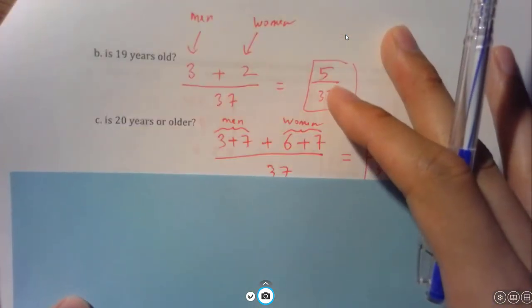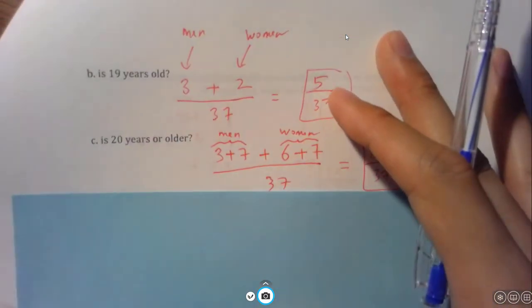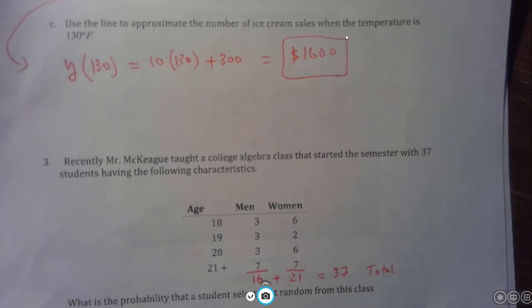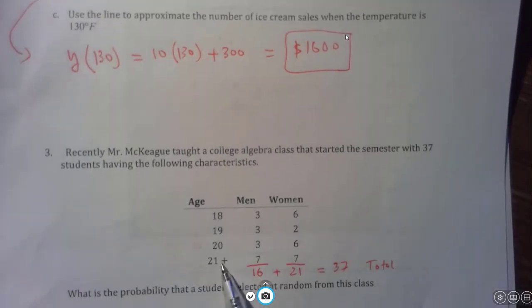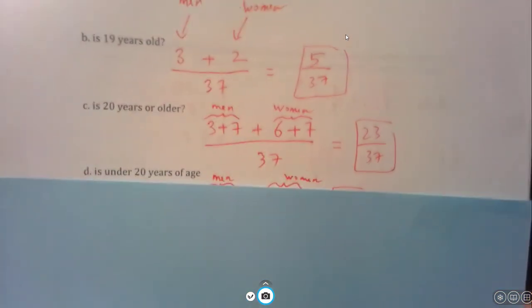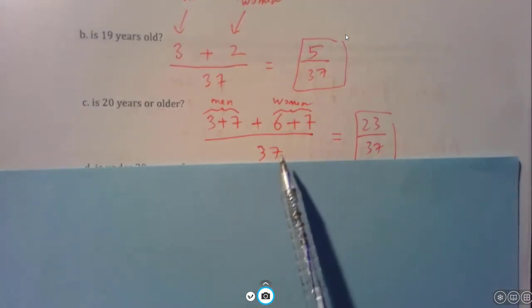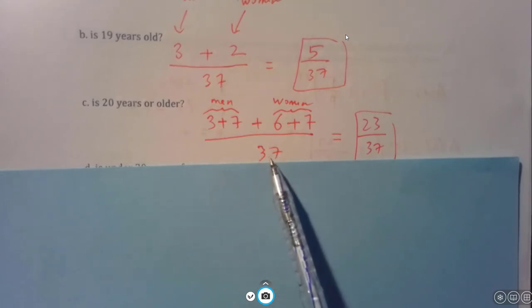The next one, 20 years or older. Okay, 20 years or older, that means we focus on 20 and 21 plus. So we add 3, 6, 7, and 7 together. The last two rows, right? Add them all up together again out of 37, which is the total number of the students in that class.